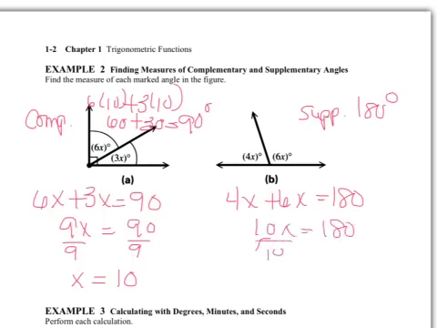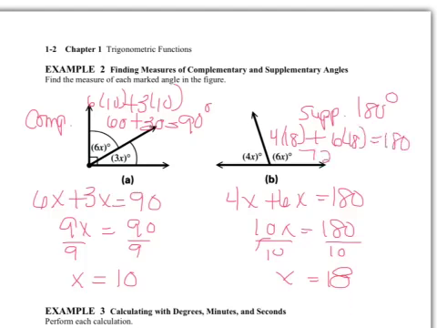If we divide both sides by 10, we end up with x equals 18. If we want to check our work, we can take 4 times 18 plus 6 times 18, which has to equal 180 degrees. Well, 4 times 18 is 72, plus 6 times 18 is 108, which gives us 180 degrees.